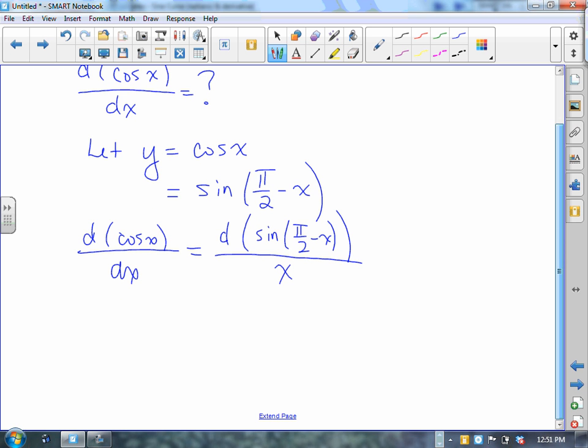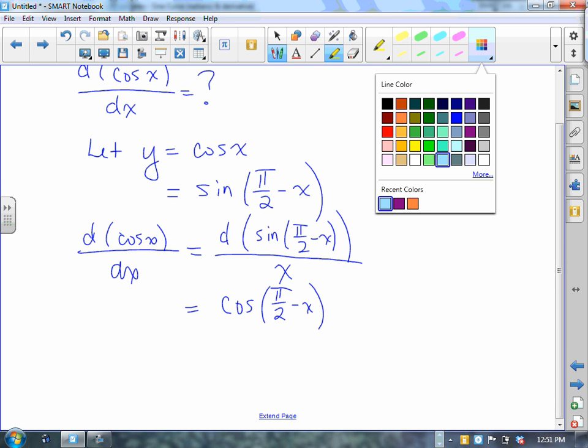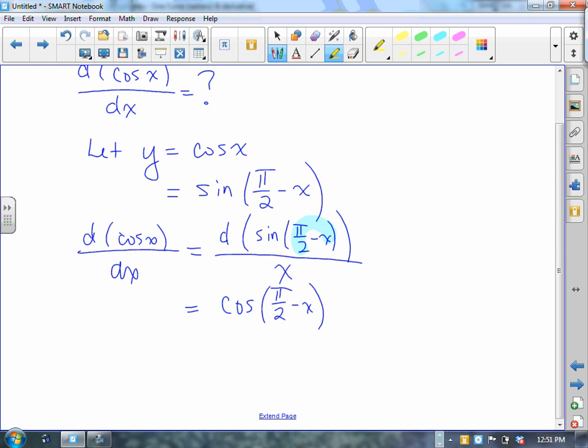So when we move forward on this, the derivative of sine is cosine. So we'd have the cosine of the angle. But also remember that this portion here is the argument of the angle, like the inner function. And with the inner function, we need to apply the chain rule.